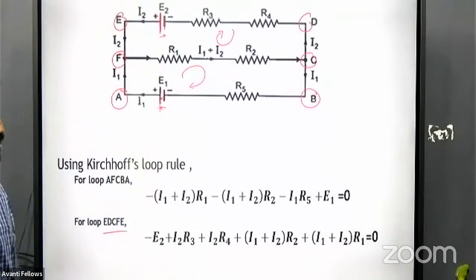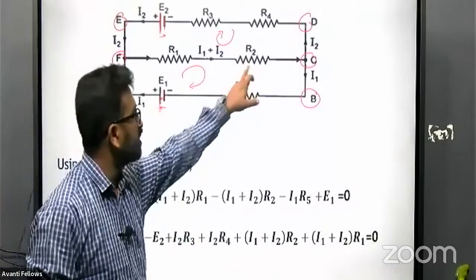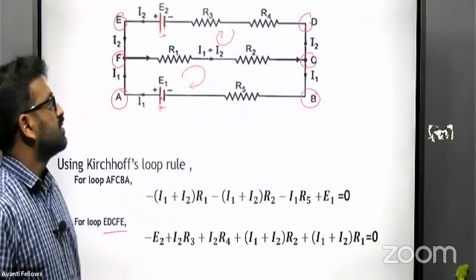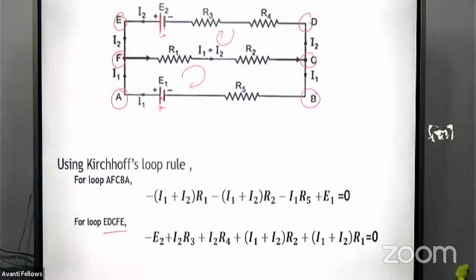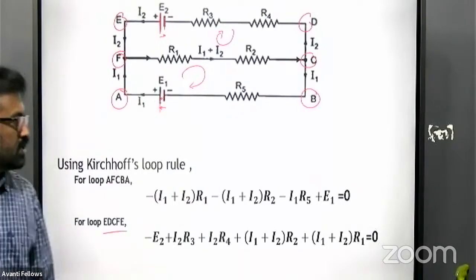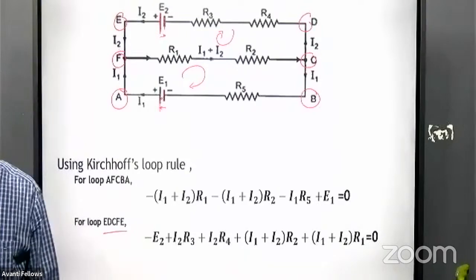So that's why minus E2. Then plus I2R3 plus I2R4 plus (I1 plus I2) into R2. Then R1 is also there, na? Two resistors are there, R2 is there, R1 is there. So in both the resistors, the current is I1 plus I2. I1 plus I2 is flowing through R1 as well as R2. So that is clear.